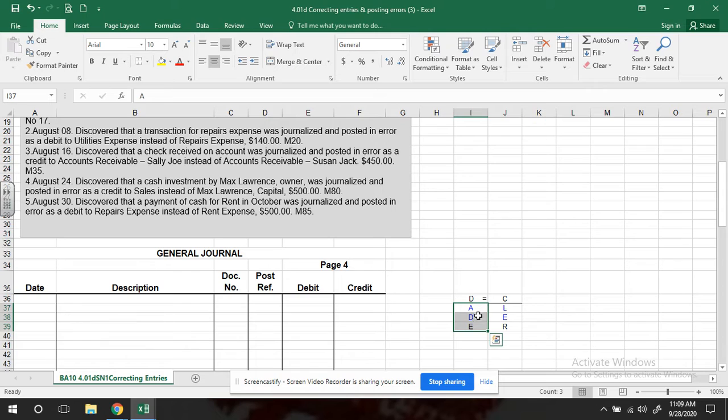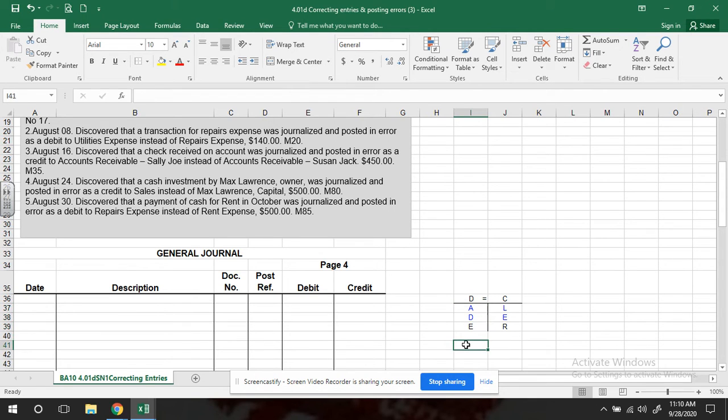Likewise, with assets, drawing, and expenses, if I see them increasing, it's on the debit side. But if I see them decreasing, it's because they're in the credit side. Seeing an asset in the credit side tells me that that asset is decreasing. Seeing an expense in the credit side means it's decreasing.